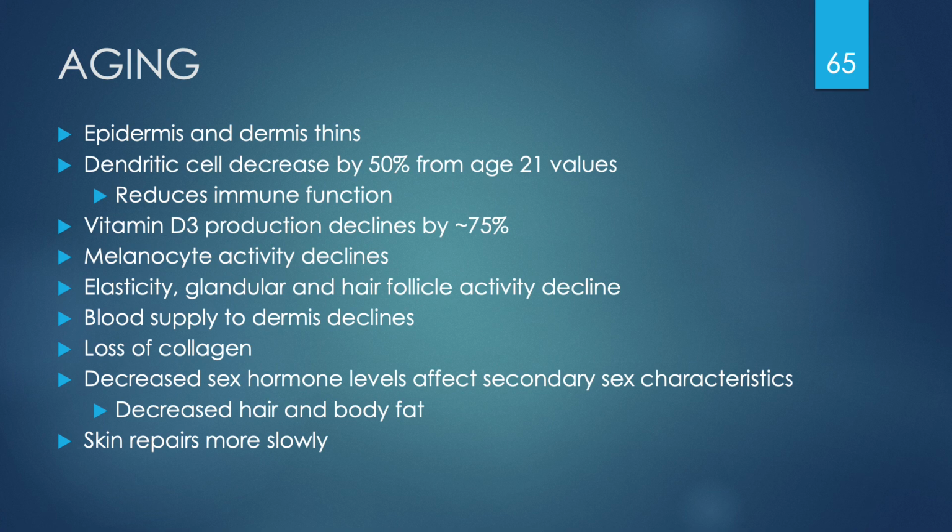We also have a loss of collagen, hence everything gets wrinkly and saggy. And we have decreased sex hormones because when we go through menopause or when men go through andropause, we have decreased sex hormone levels. And so that affects all of our secondary sex characteristics. So that means we have decreased hair and decreased body fat. And finally, our skin repairs more slowly. So like I said, overall, everything falls apart and the wheels start coming off.